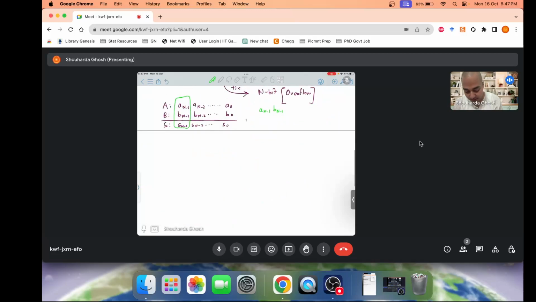And how do the numbers look? On the negative scale, minus 128 will look like 1, and all the other bits are 0. As you keep moving towards lesser negative numbers and reach minus 1, you will obtain all ones.